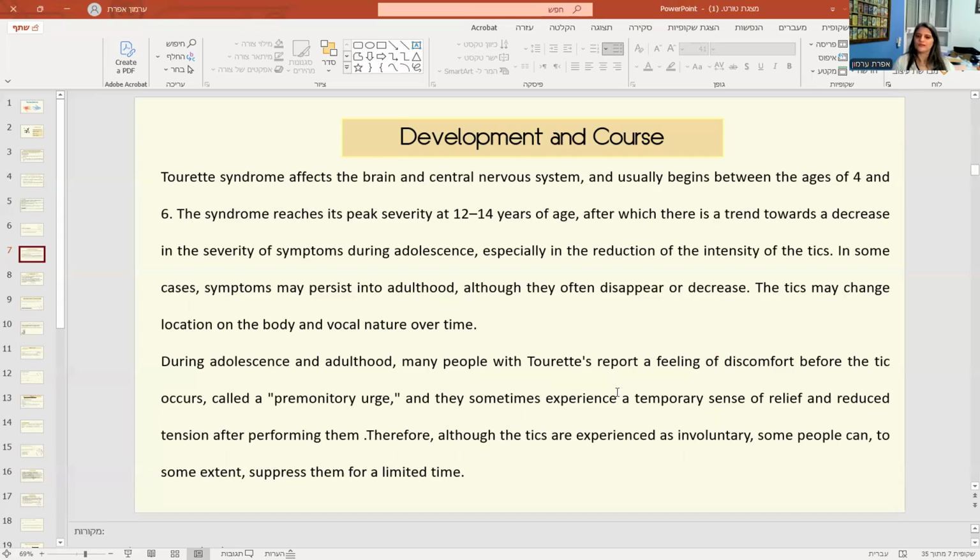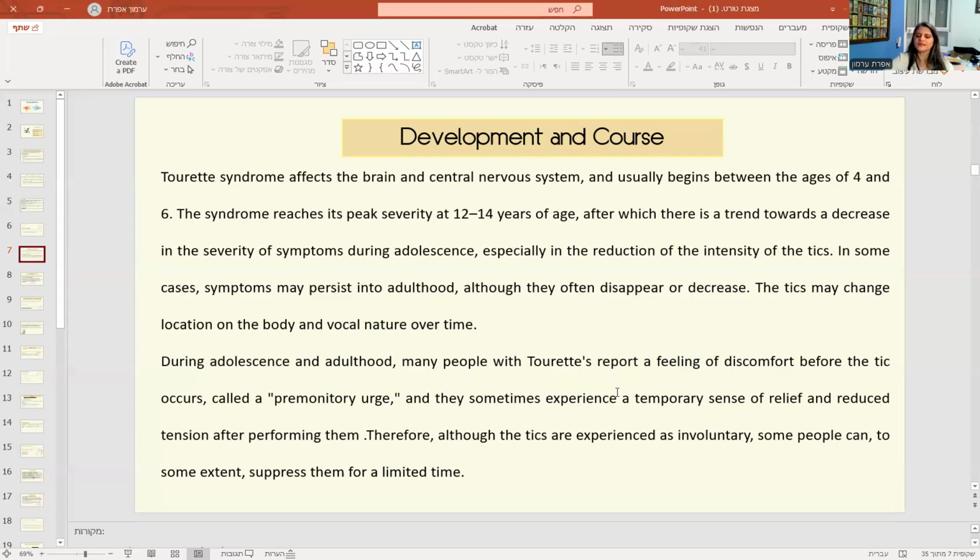Therefore, although the tics are experienced as involuntary, some people can, to some extent, suppress them for a limited time, which we talked about before.